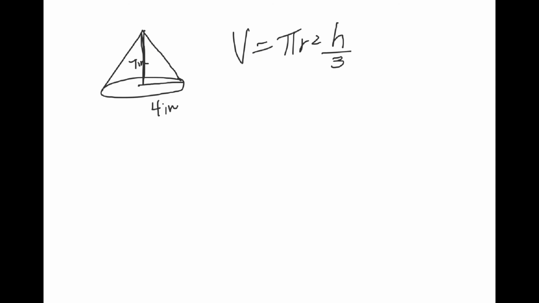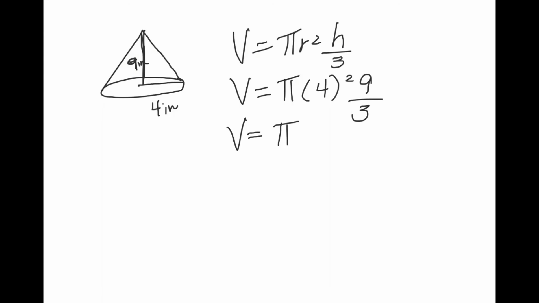Okay, so pretty simple. Volume equals 4 squared. Ooh, let's not do 7, I just realized. Let's make this a 9. If not, it's going to be real complicated to multiply that. 9 over 3. So that gives us 16 times 9 divided by 3, 3. So that gives us 48 pi.